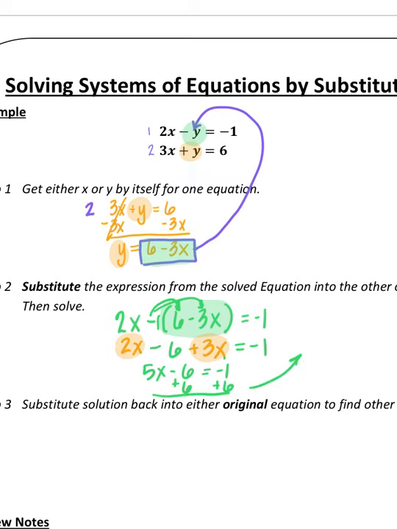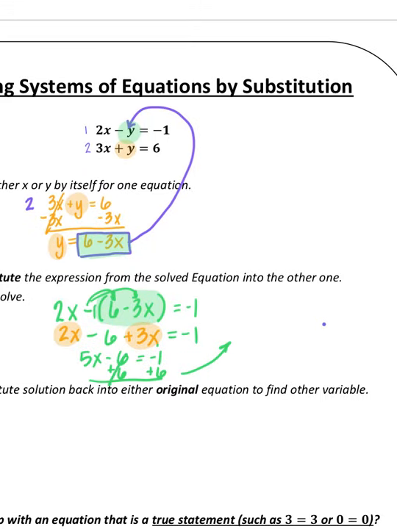And that cancels my 6 out here, so I get 5x equals negative 1 plus 6 is 5. And now I'm going to divide by 5. And I get x equals 1. Okay, so now x equals 1.